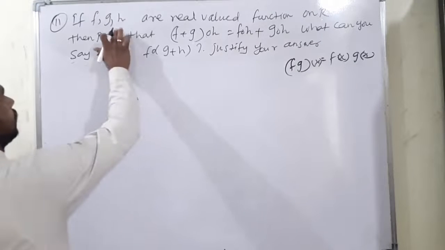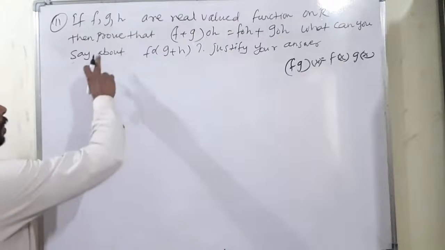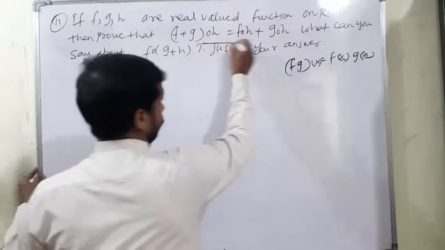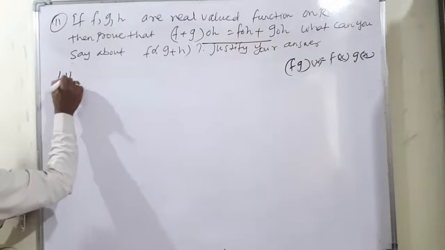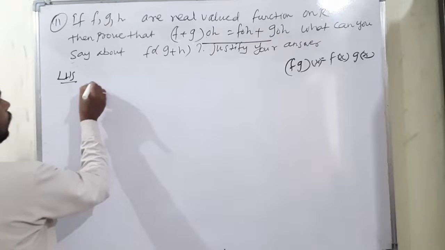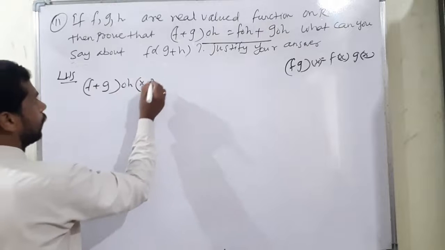If f, g, h are real valid functions on R, then prove that (f + g) dot h = f dot h + g dot h. Okay, this is what we have to prove. I have taken the LHS. So for LHS, the value (f plus g) dot h of x means what?